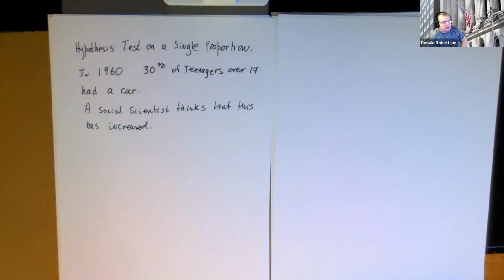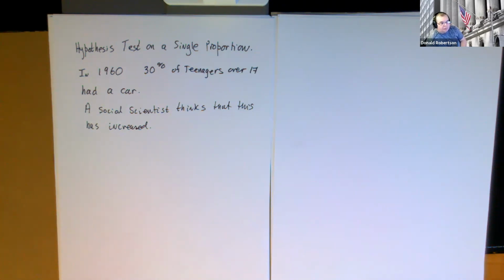Whether it's their car or not, that doesn't matter, that they have the ability to borrow a car even, right? But they have a car. And he believes it's increased. But he'd like to be able to see whether or not he can actually prove that that's true. Because that's what a hypothesis does, its job is to see if you can prove a particular statement is true.